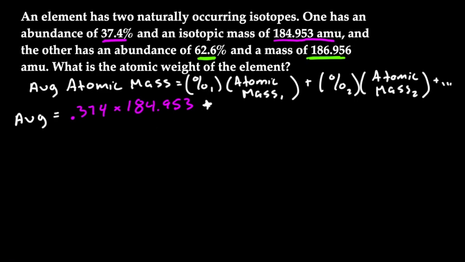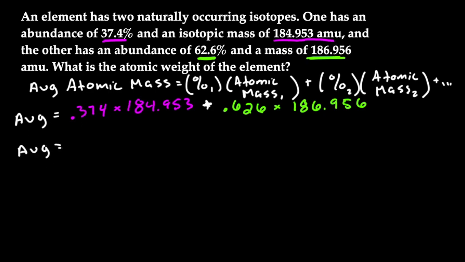which is 0.626, and we're going to multiply that by 186.956. And so when we solve this out by multiplying these, we're going to get the average.